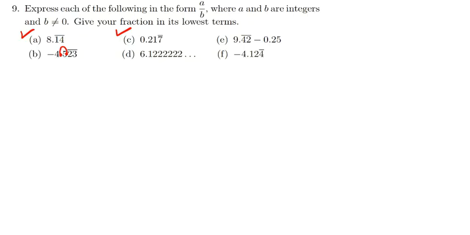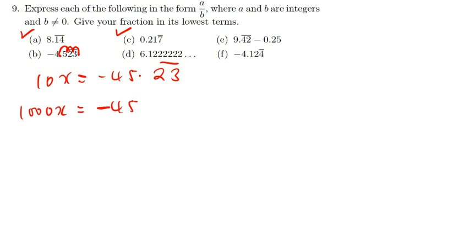So it is now 10x is equal to negative 45.23 bar. The next thing, starting from the same point where the point is, you move all the way 1, 2, 3. That would mean it is 1000x, which is going to be equal to negative 4523.23 bar.